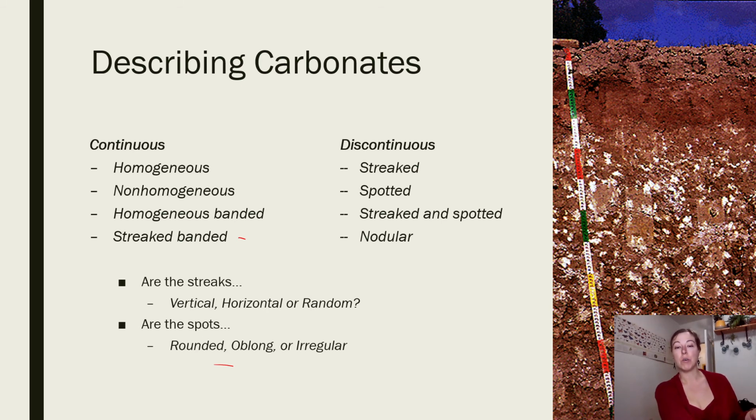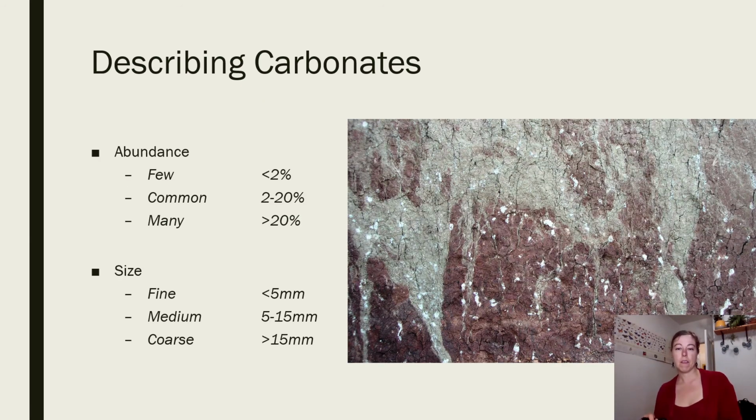So if it's discontinuous, like this is discontinuous, these are spotted. Sometimes they're in little nodes that follow veins. You're describing it using these specific terms, right? You're not just describing using your own words. This part's the same: abundance, size. They try to keep things as consistent as possible across the different things that are out there.